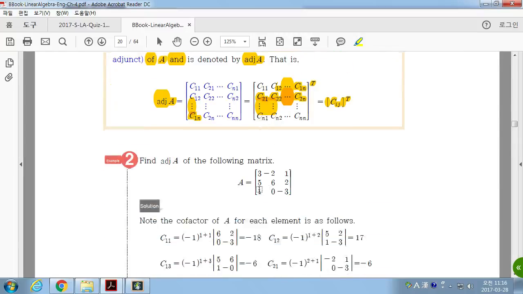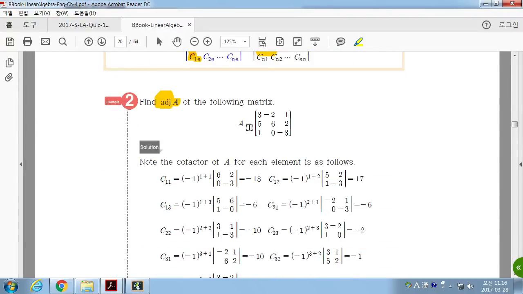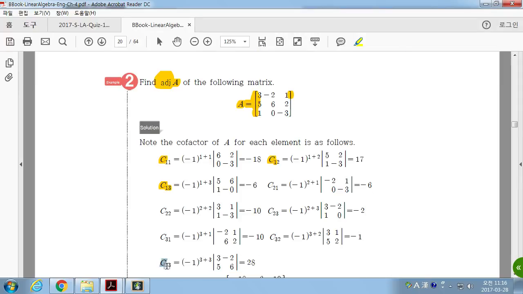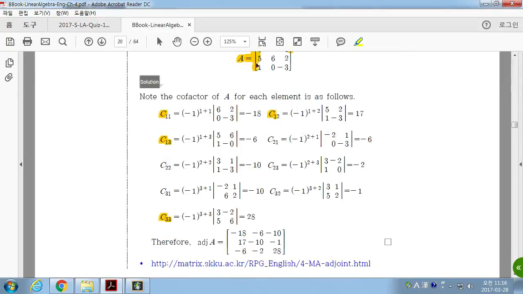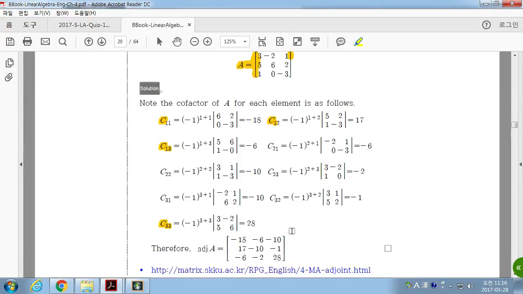Okay. So find the adjugate of A for this. Find C11, C12, C13, up to C33. Then you form a matrix and take a transpose. C11 is minus 18, C12 is 17, so 17 goes to the 2-1 position.